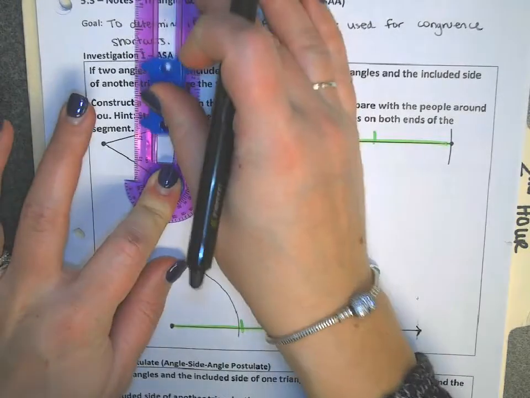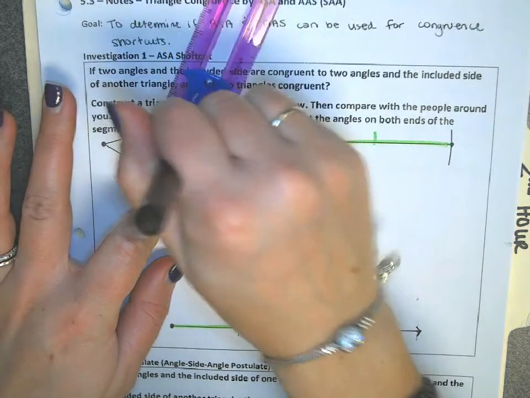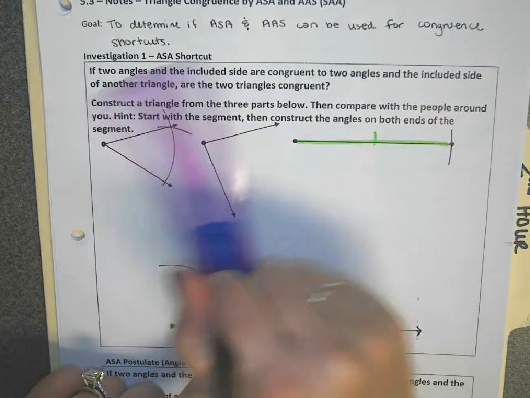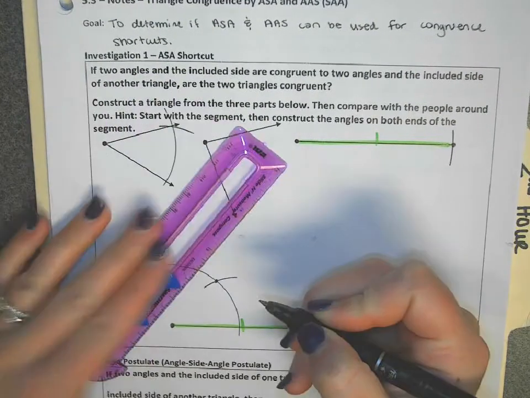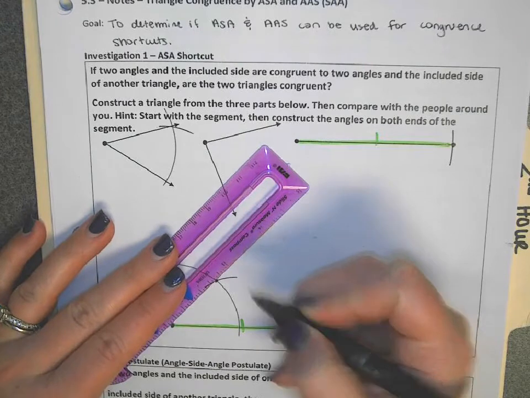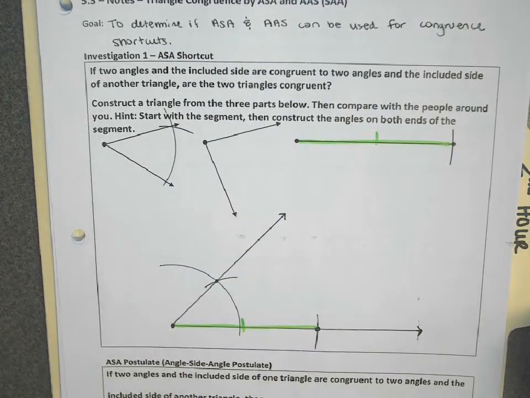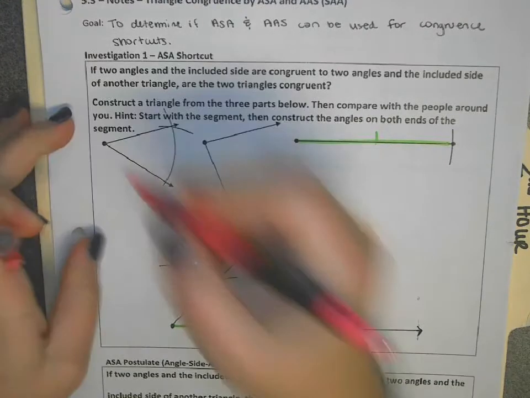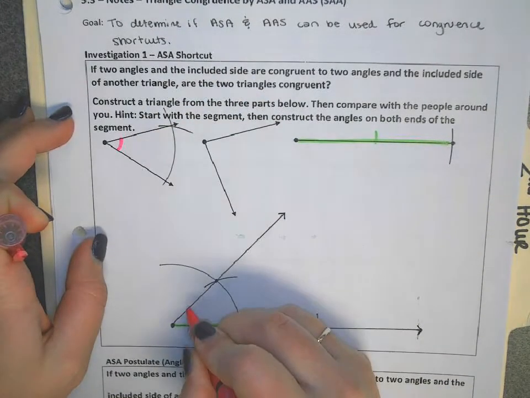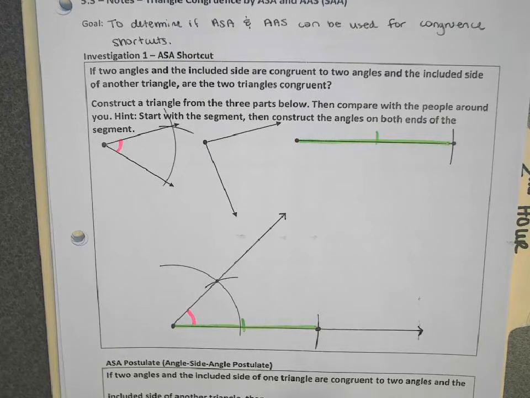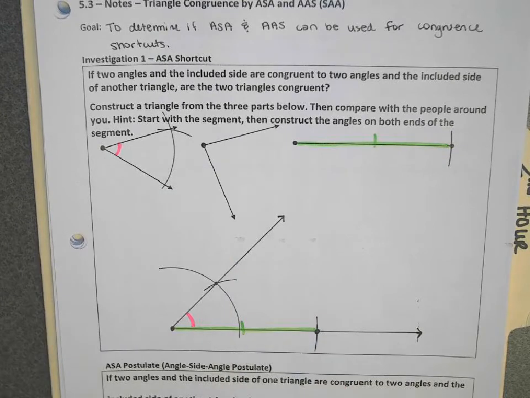I'm going to measure that arc. Measure this arc. And I did this so that this angle here matches this angle here. I'm also going to copy the other angle on the other side.